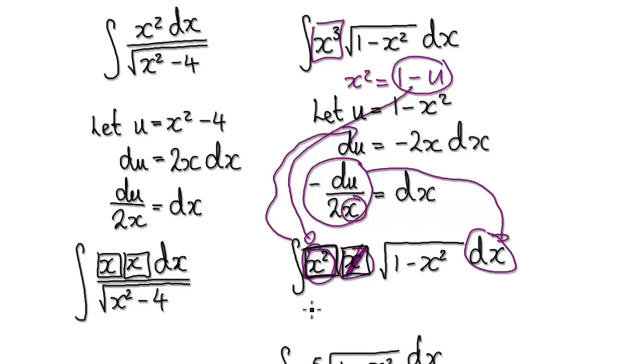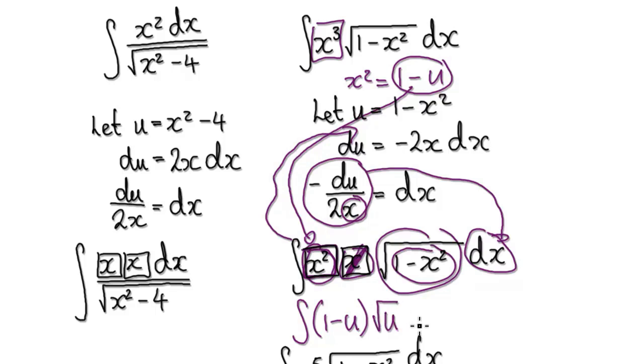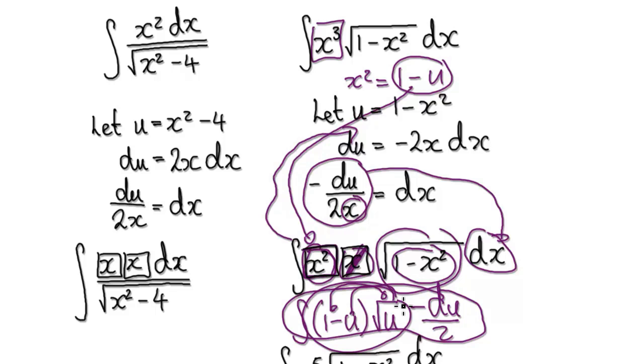It will become 1 minus u, and then you've got the square root of u, remember, this is u here, and then your dx would be minus u du over 2 here. This thing here is actually easy to integrate. It would tidy itself up.